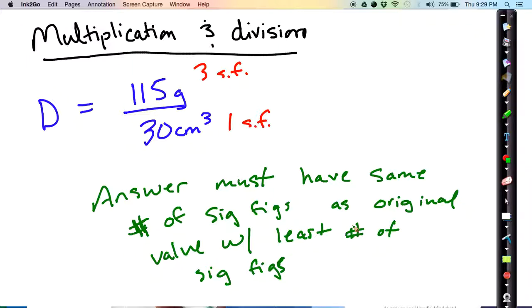So that is our rule for rounding to sig figs with multiplication and division.